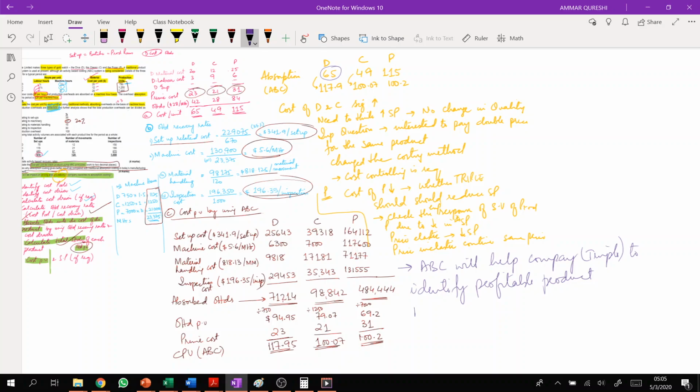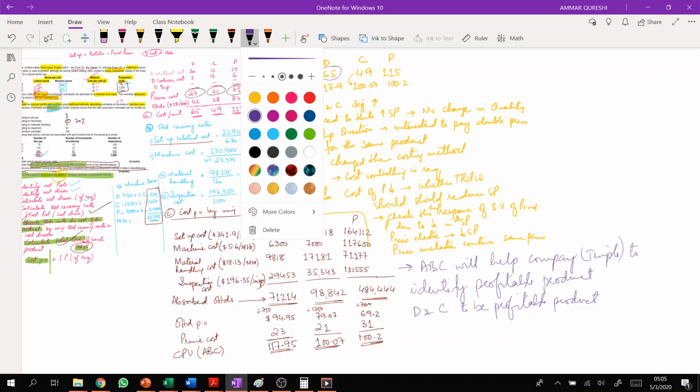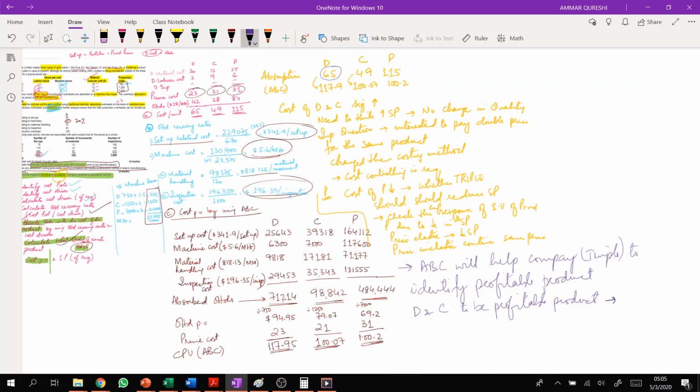So we were thinking product D and product C to be profitable products, right? But actually these are less profitable products. Why?